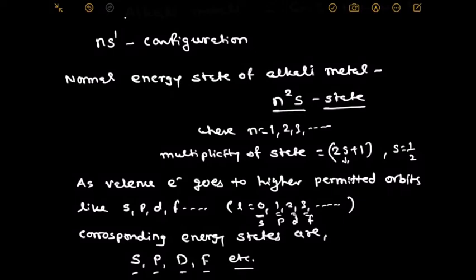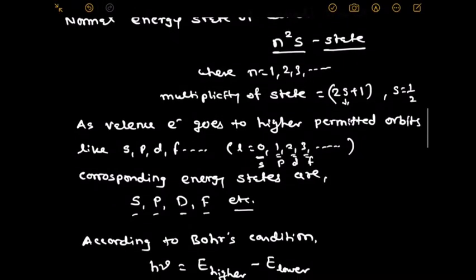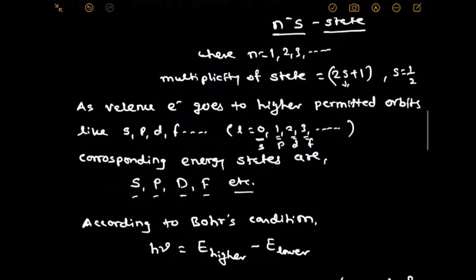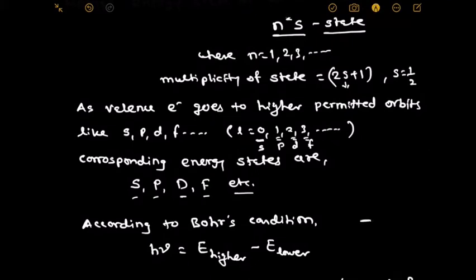Now here we have to use Bohr theory. According to the Bohr condition, the electron can transit from a higher energy level to a lower energy level. For example, this is one of the higher energy levels and this is the lower energy level.